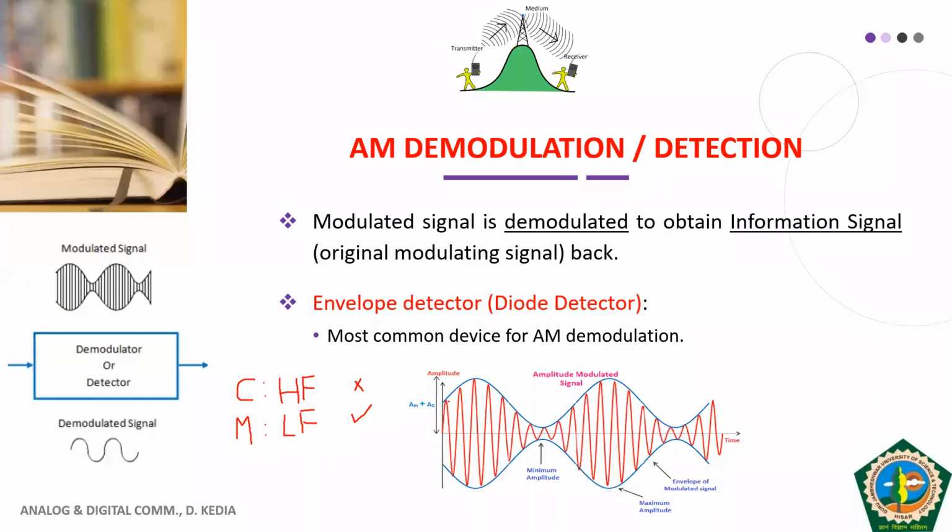Okay, and my information is present on the top of this high frequency signal or at the bottom of this high frequency signal. Either of the two I can take. So my first job is to select whether my information signal is to be retrieved from the top part or from the bottom part. And how can I do that?